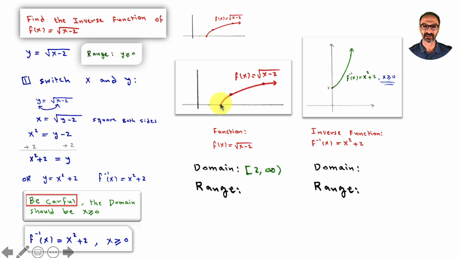The domain here is from 2 to infinity, and the range here is from 2 to infinity. The range here, y values, from 0 to infinity, and the domain for this will be x values from 0 to infinity.